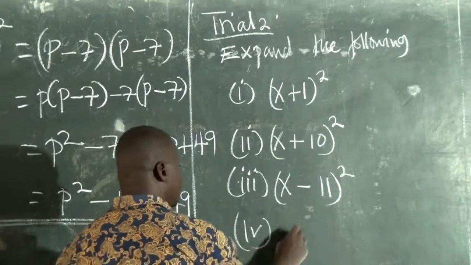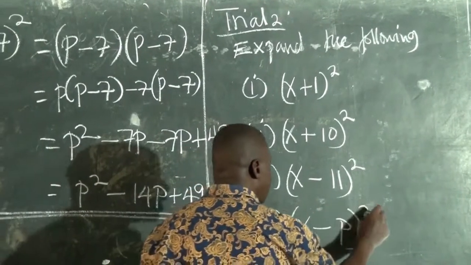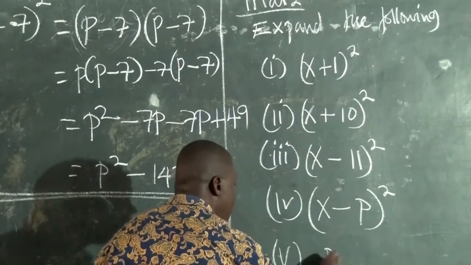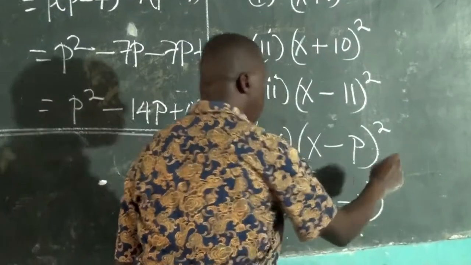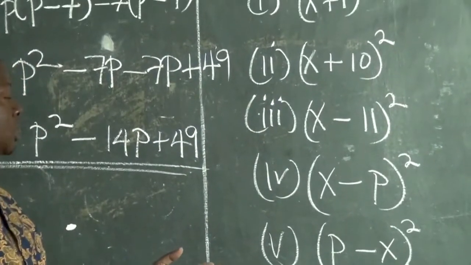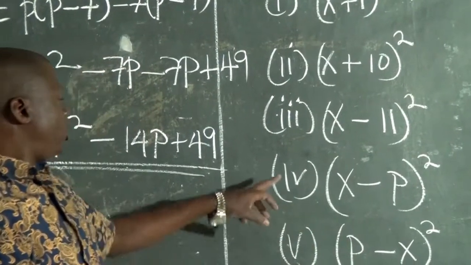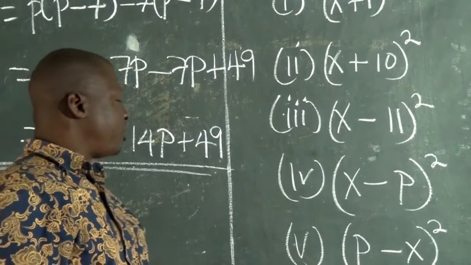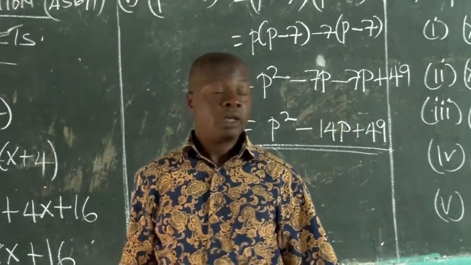We have x minus p squared. We can also have p minus x. So I want you to compare the two answers for Roman number 4 and Roman number 5. Check. Is it going to give us the same answer?